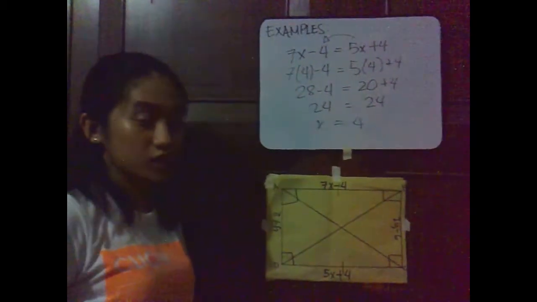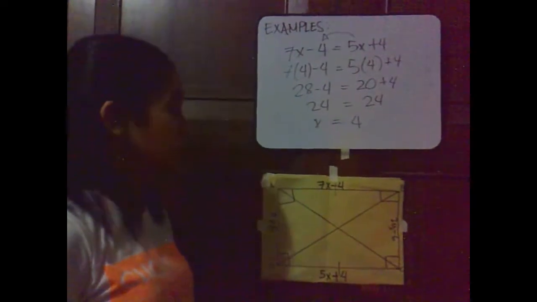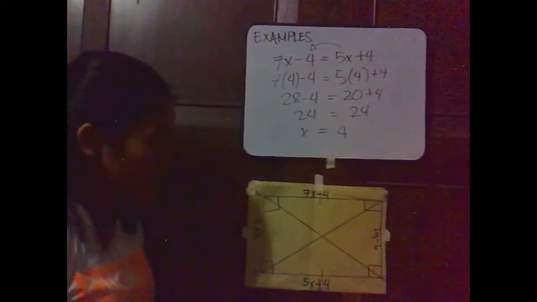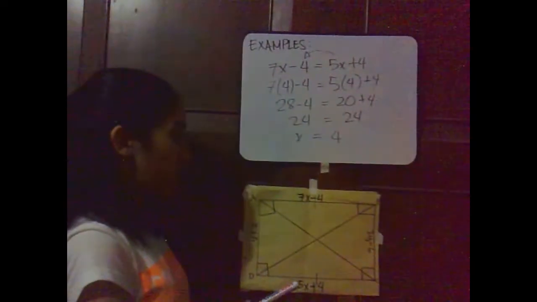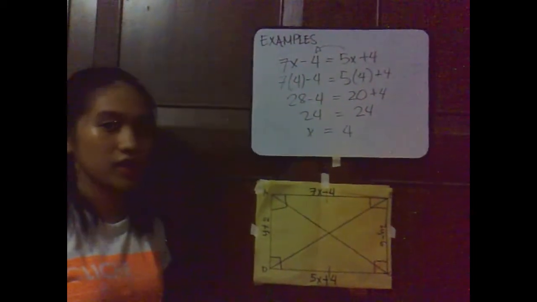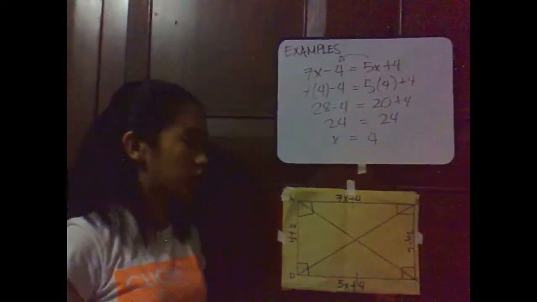The property that you can see is saying that the opposite sides of the rectangle are congruent.